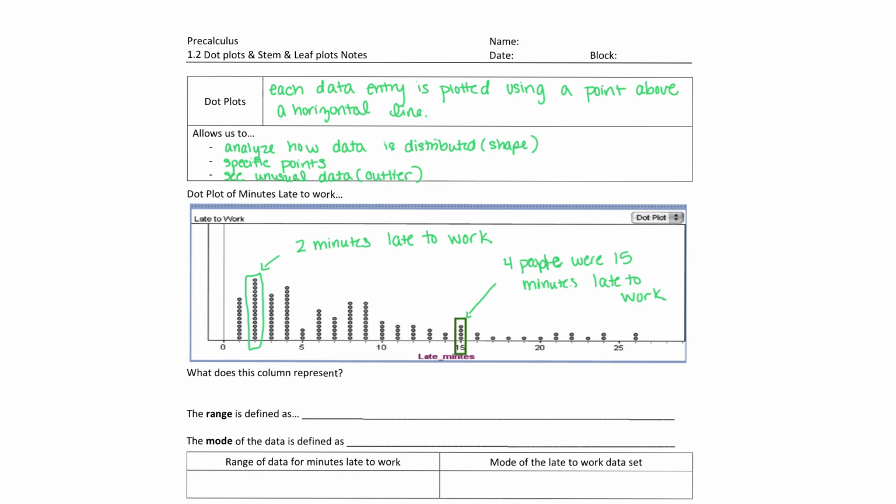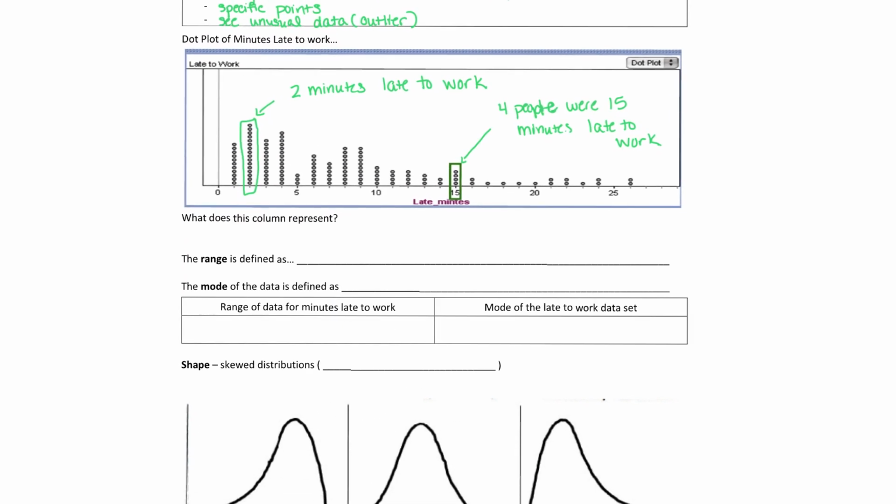So let's take a look at defining range and mode. But I still want to see this chart. I'm just going to go up a little bit. So when it says, what does this column represent? I answered that here. 4 people were 15 minutes late to work. The range is defined as the maximum minus the minimum.